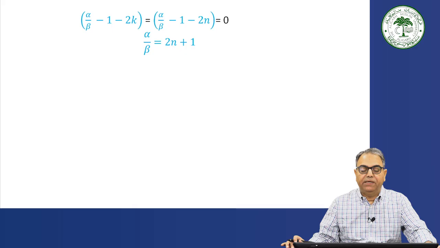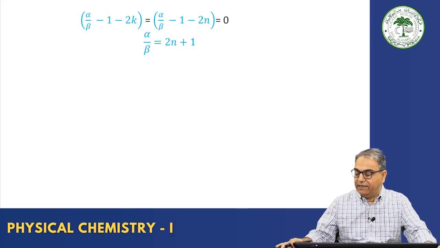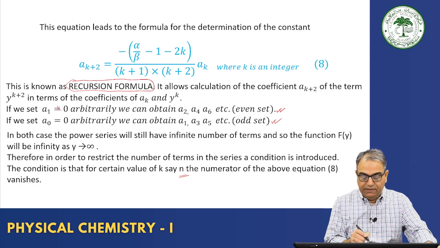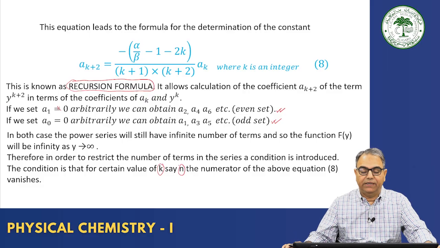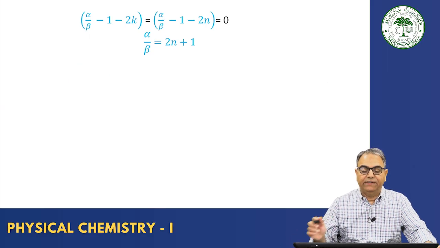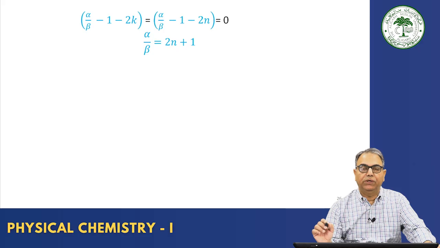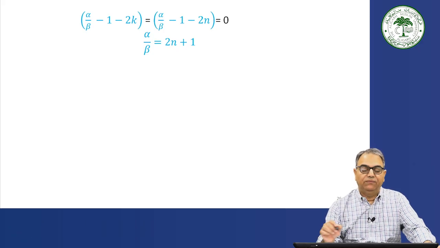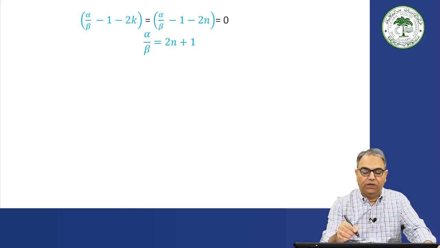At k, I have written the value of k, say n. So, instead of k we can write n there, because we are truncating the series at n. So, we have alpha divided by beta minus 1 minus 2n is equal to 0. And if you rearrange, what you get? Alpha divided by beta is equal to 2n plus 1.